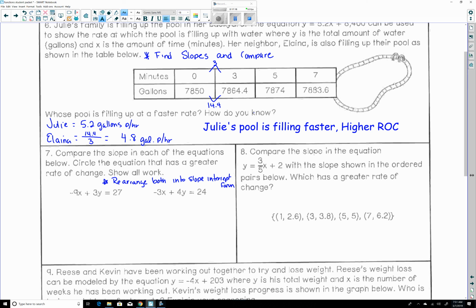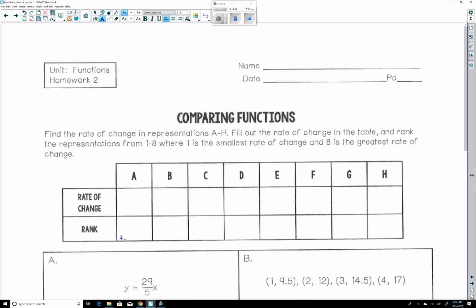Again, this should be review. I'm trying to get the y all by itself. So I'm going to add 9x to both sides of the equal sign. So 3y is left on the left. 9x plus 27 is on the right. Divide by 3. Divide by 3. You should get y equals 3x plus 9.